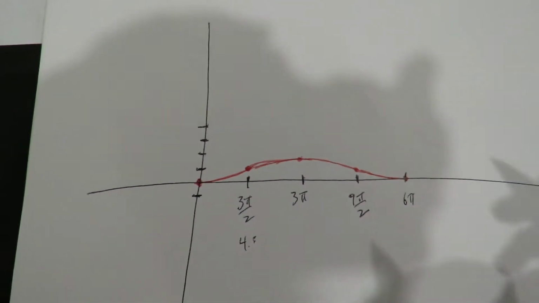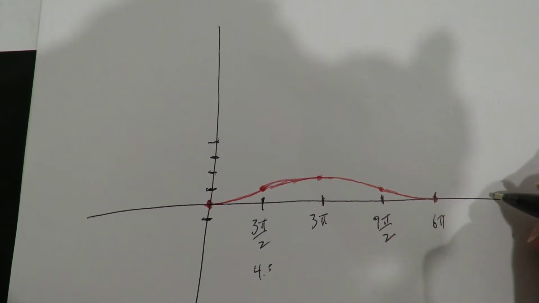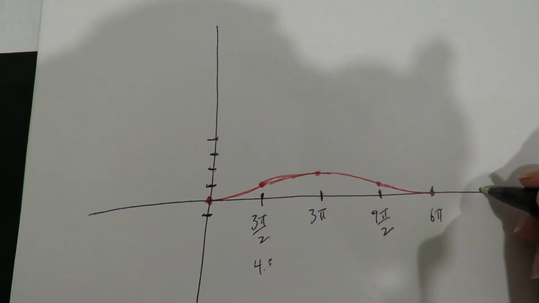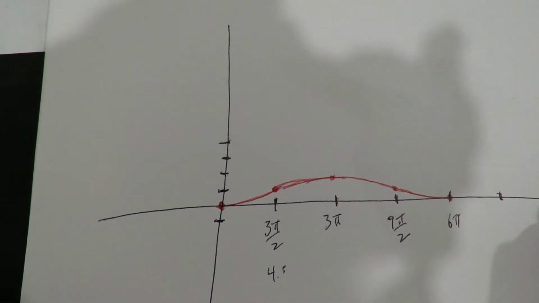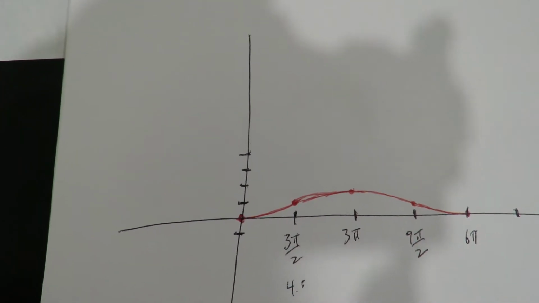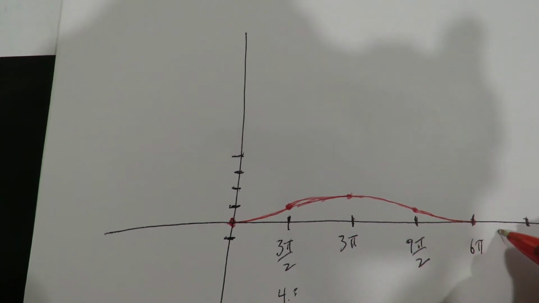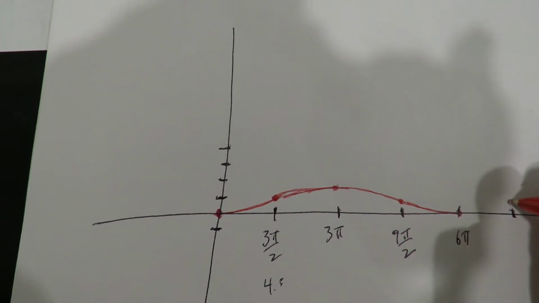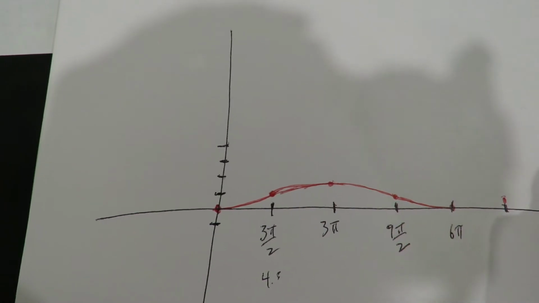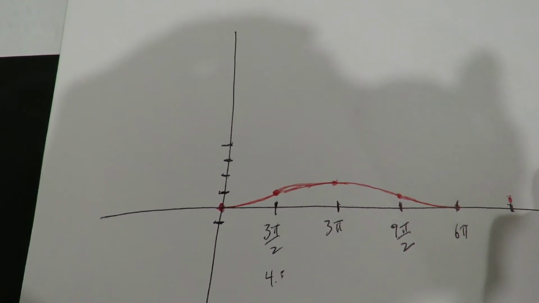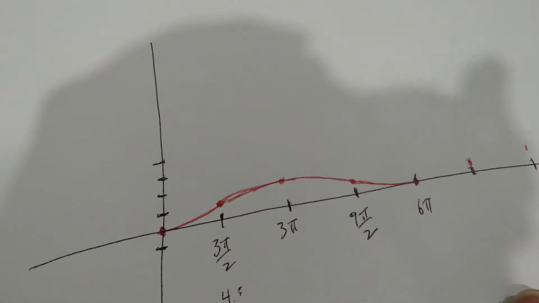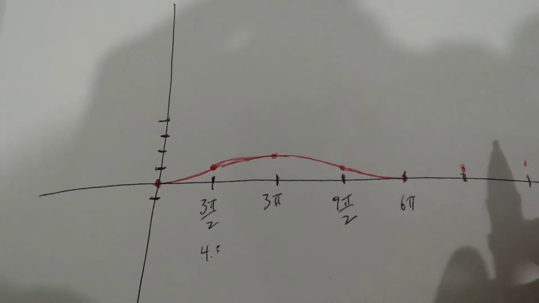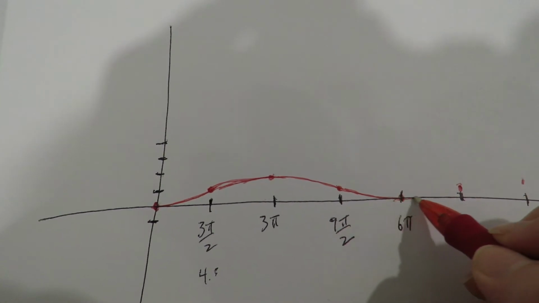I'll add a little bit more on this if you want to see it. Next guy would be about here. The next guy would be about here. Let's see, this is the bottom, so then I have to go to the middle. Then I have to go to the top. Okay, so this is the bottom.